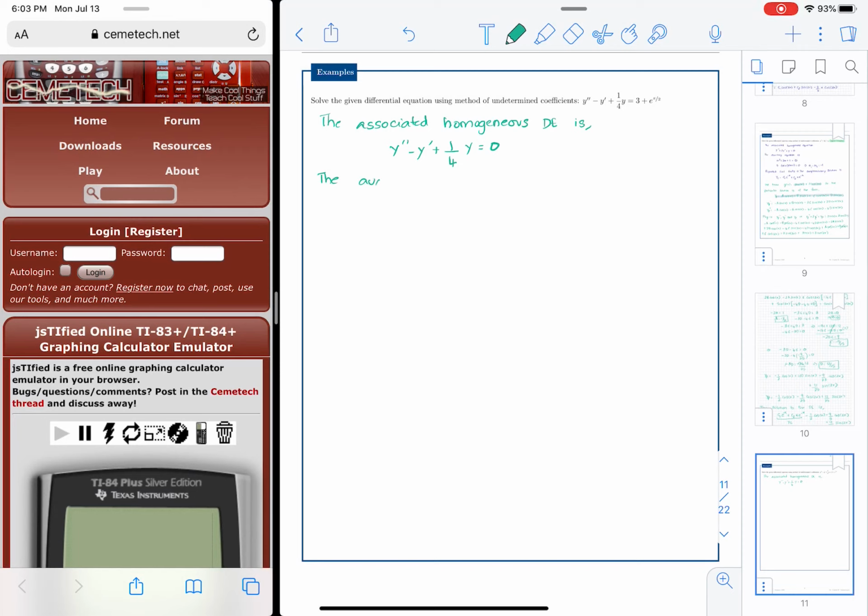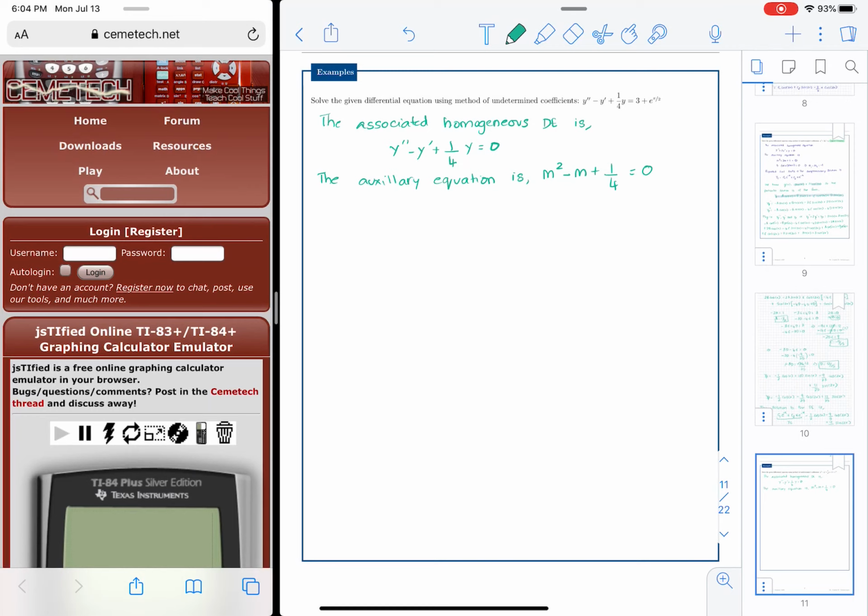The auxiliary equation is m squared minus m plus 1 over 4 equals 0. And we'd like to find the solution to that equation.